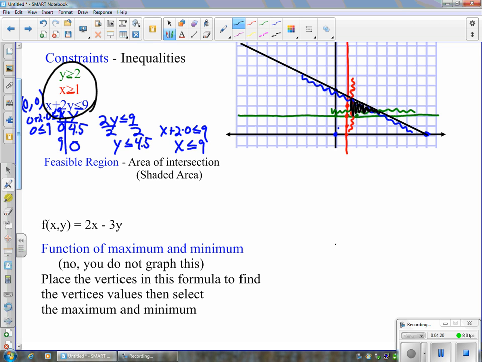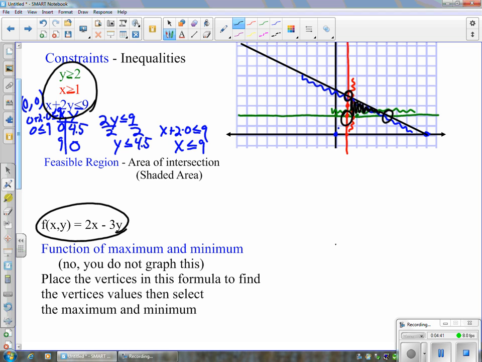Then they're going to give you 1 equation which you don't have to graph. That's going to be for finding the vertices of the feasible region. Vertices are the corners. So we have 3 corners, 1, 2, and 3.